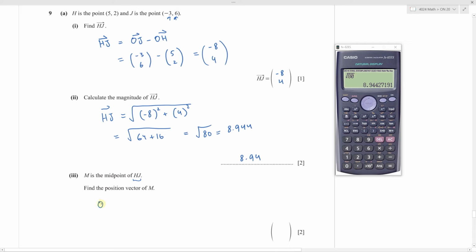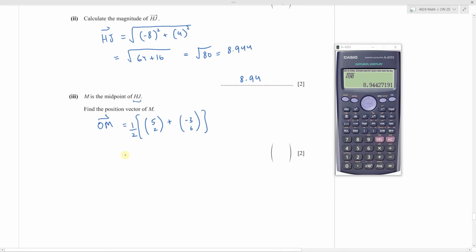So the position vector OM will be the position vector of H plus the position vector of J, and then divide by 2 to calculate the midpoint. So the position vector of H is (5, 2) plus the position vector of J, which is (-3, 6). After I add them together, I will divide the answer by 2 to get the midpoint, which is the position vector OM.